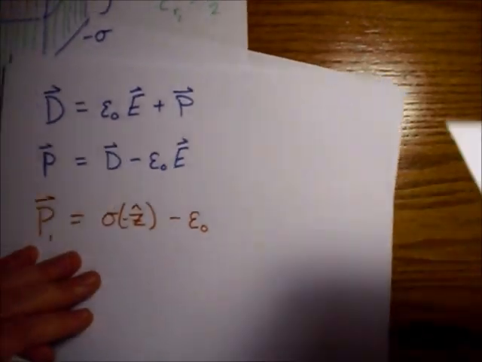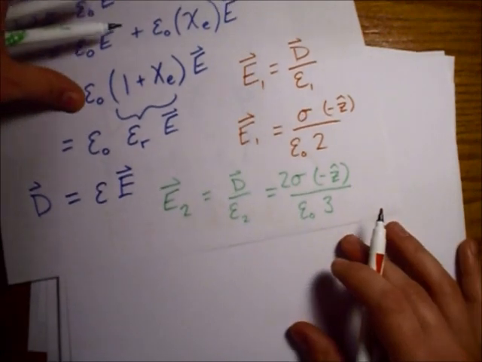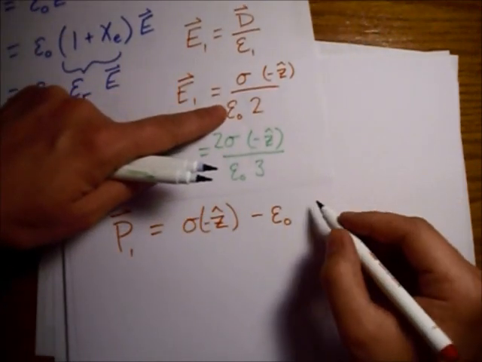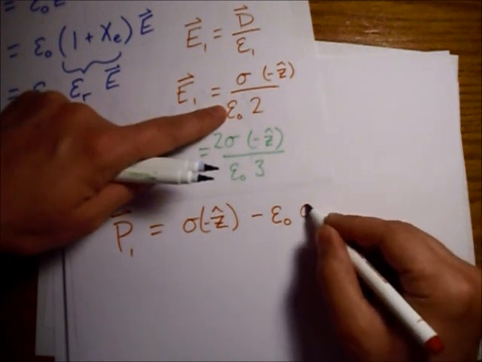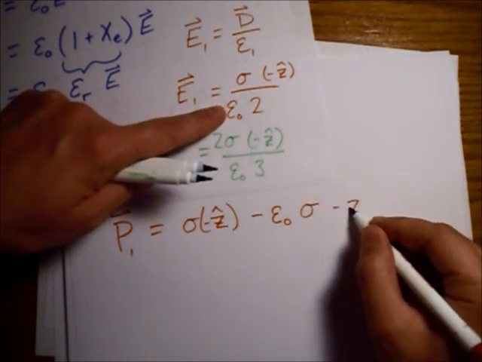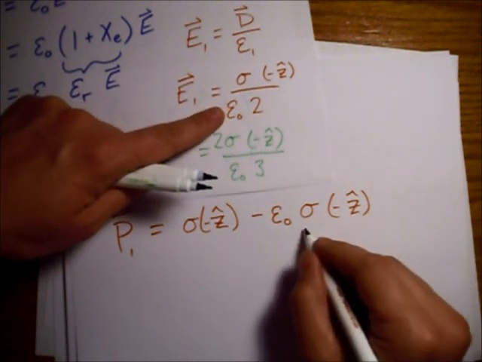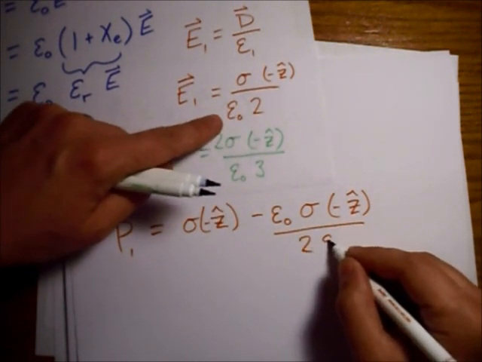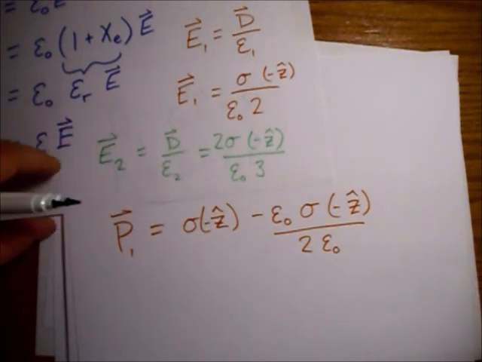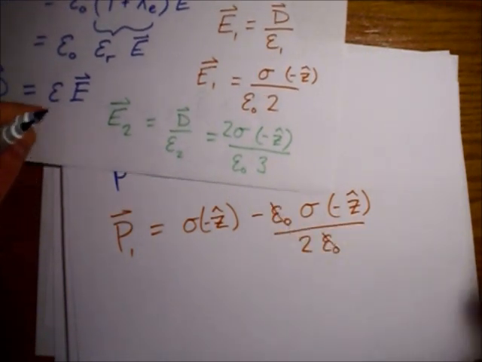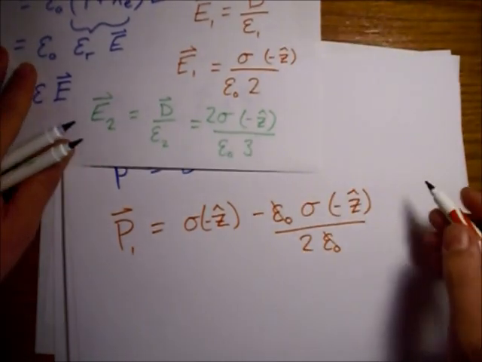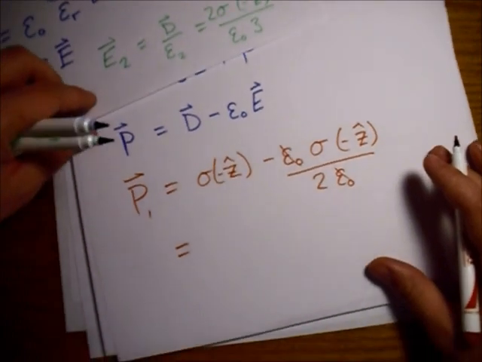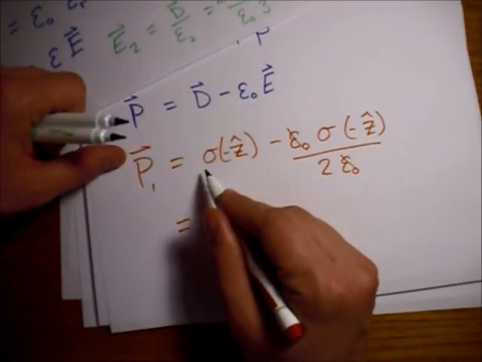Again, we're just focusing here on the top slab, which is this right here. So we have a sigma, we have again our minus z hat, and then on the bottom here we'll have this 2 and this epsilon naught. And of course these can cancel out. So let's go ahead and write this a little bit more cleanly. So we have, what do we have here?